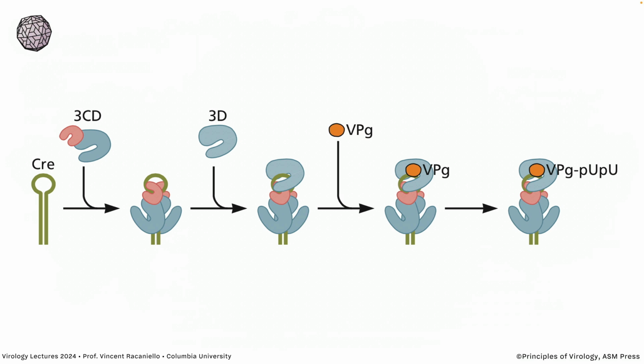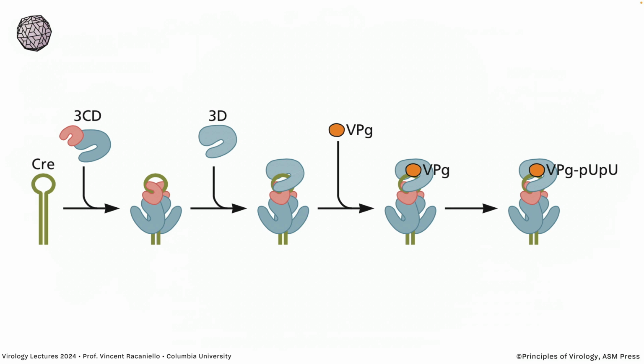So to start RNA synthesis, that Cre element that I just showed you actually serves as a template for the polymerase, which is shown here as 3CD. Polymerase binds to this Cre element, and then it takes a free molecule of VPg, which is the protein that's going to end up at the 5' end of the genome, and it adds 2 U residues to it.